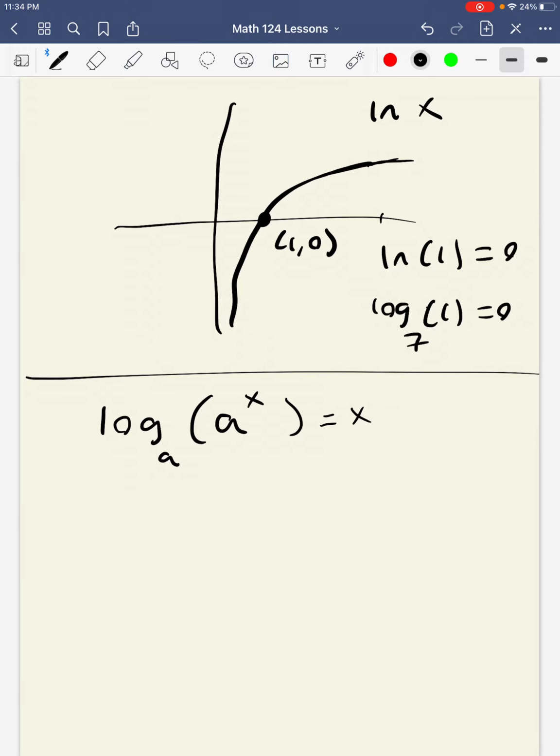Now what if these were not the same base? Notice here they were the same base, but we could do, say, log with another base b of a to the x. What does that equal?